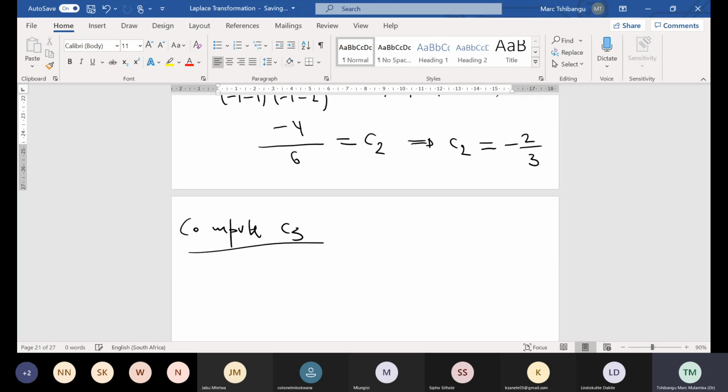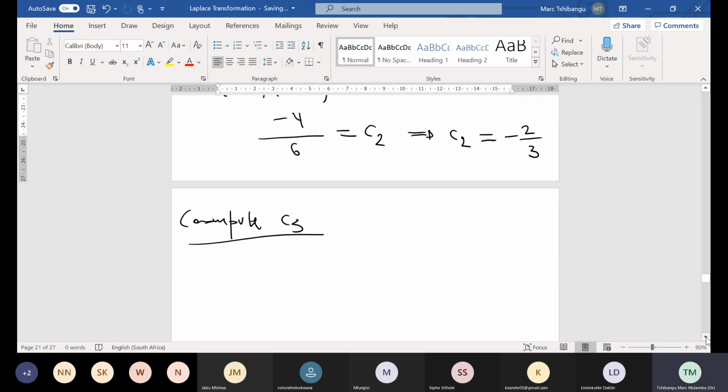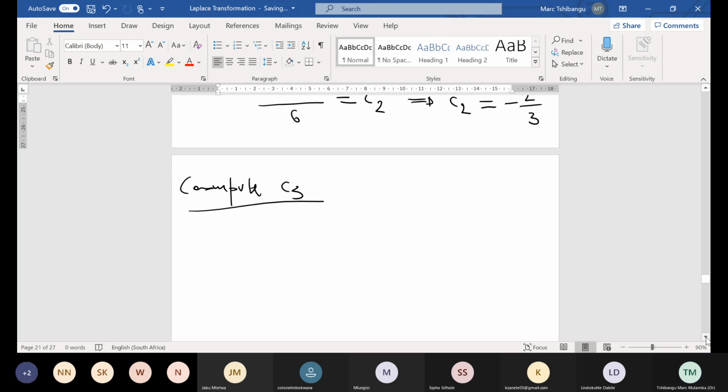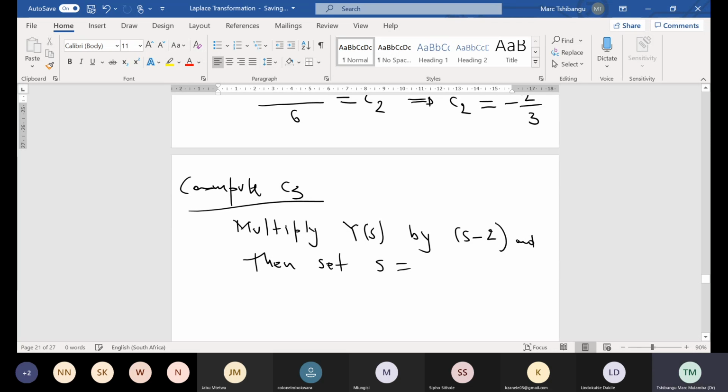You do the same: you multiply Y of S by the denominator of C3, which is S minus 2, and then set S equals 2.